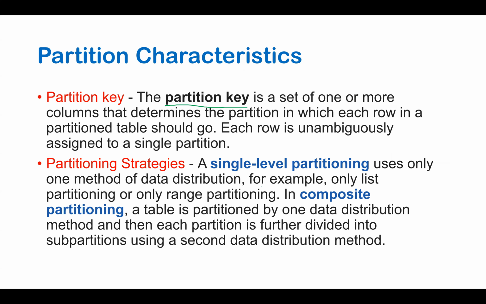The partition key is the set of one or more columns you are going to create partitions on. Can I create partitions on more columns? Yes, you can. It is a set of one or more columns that determines the partition in which each row in a partitioned table should go. Each row is unambiguously assigned to a single partition.